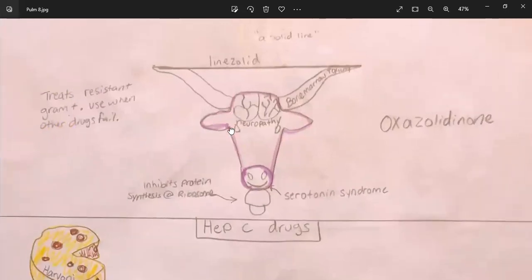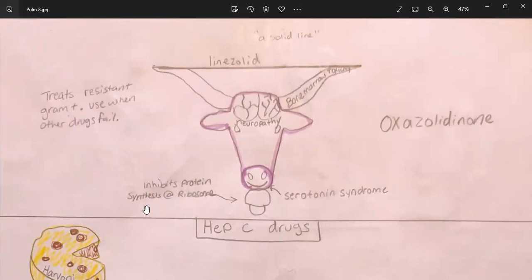And we're going to move on to yet another oxazolidinone. That's the class, and the drug in this class is linezolid. So I think a solid line, linezolid. So we have an ox with a solid line drawn between his horns.